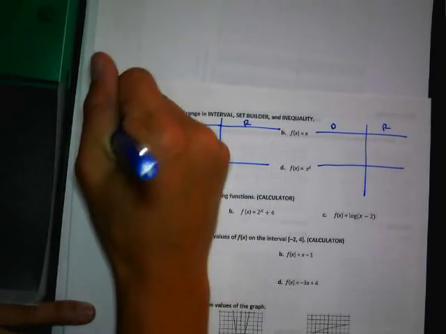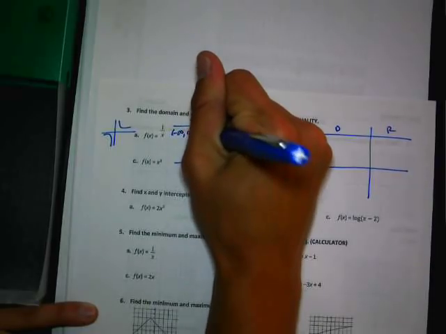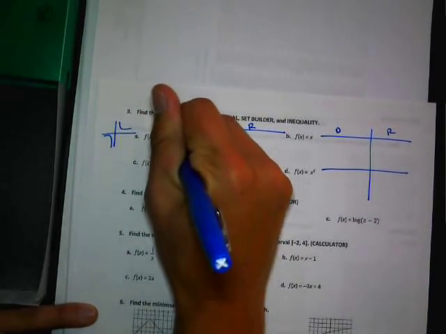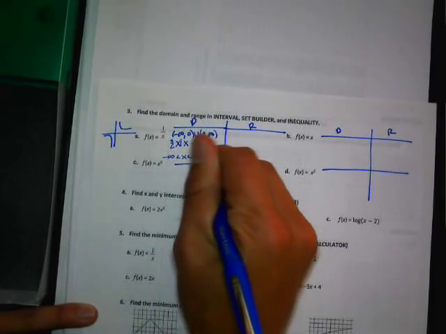So the rational function looks like that. So I know for domain, I'm going left to negative infinity, right all the way to the asymptote boundary 0, and then 0 to infinity. In set builder, the only value I am not using is 0. And then inequality, negative infinity less than x less than 0, and 0 less than x less than infinity.